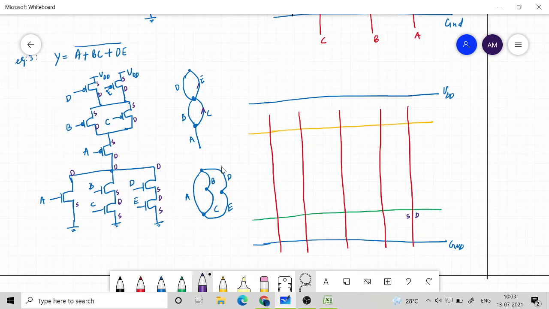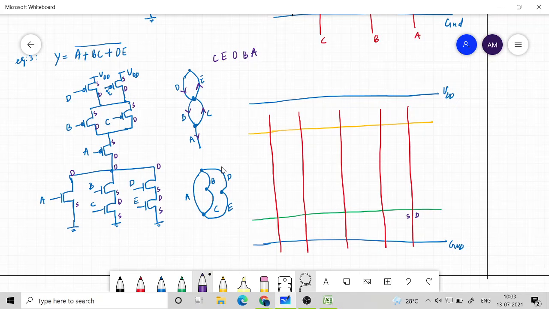C, E, D, B, A. So that means C, E, D, B, A. Can I do that? Now if I start with C, then I'll go to B, or I can do this another way.